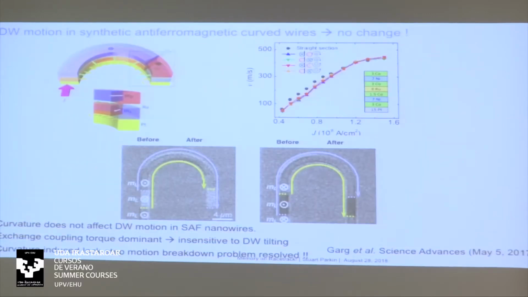And as a very interesting conclusion, from a technological point of view, this would not be good. If we had racetracks with a little bit of curvature, it would be a problem. But it turns out, once again, that this synthetic antiferromagnetic racetrack, where we eliminate magnetization, where the domain walls already go super fast, is insensitive to the curvature, because the upper and lower racetracks respond exactly oppositely.